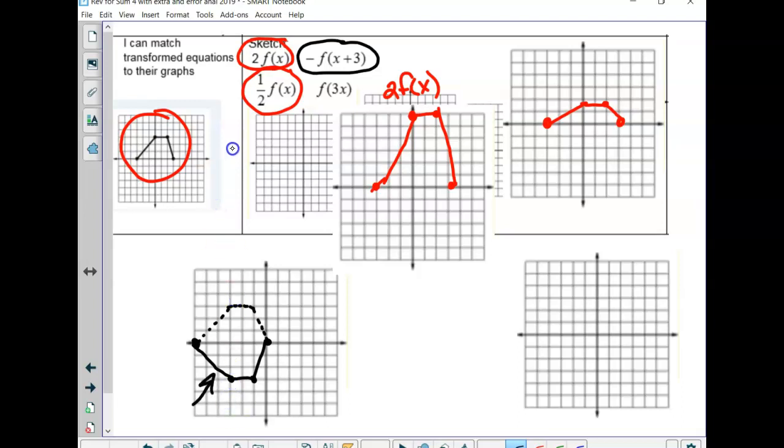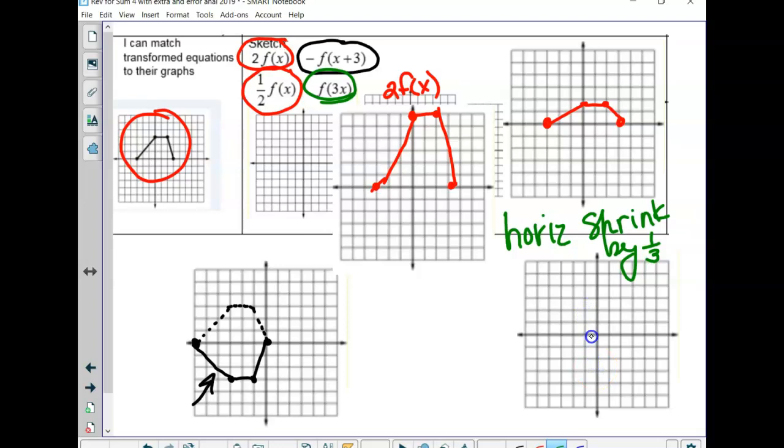You certainly don't have to draw both of them. On the quiz, like I said, it will be matching. What would this do? Anybody know? Horizontal. Inside is the opposite of what it seems. So it was a shrink, a compression by 1/3. Changing x's or y's?